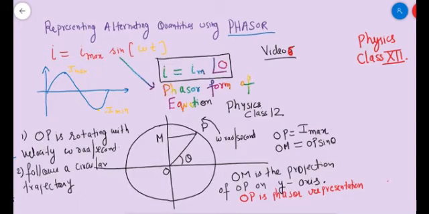So you can see OP sine theta mentioned. And what you see is that the OP is rotating with velocity omega radians per second and is following a circular trajectory and is actually moving in anti-clockwise direction.